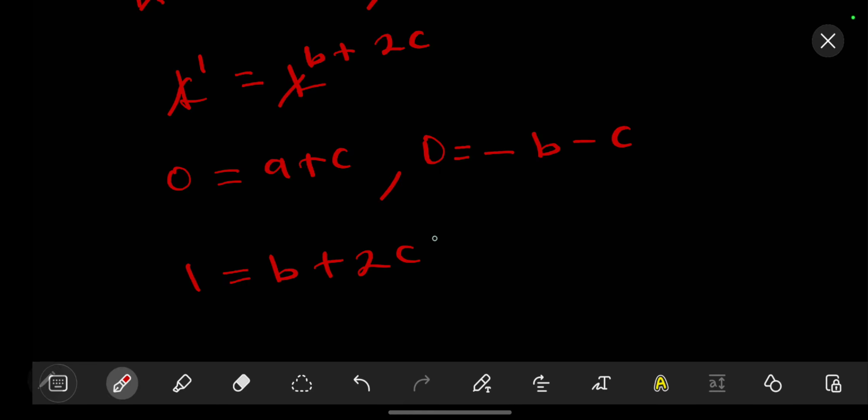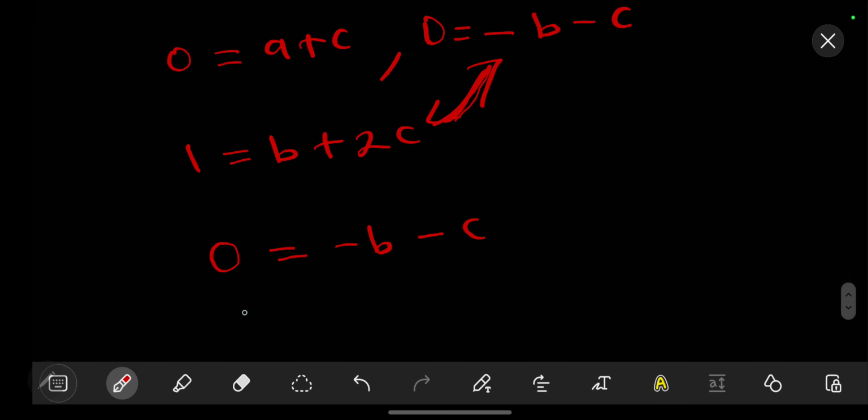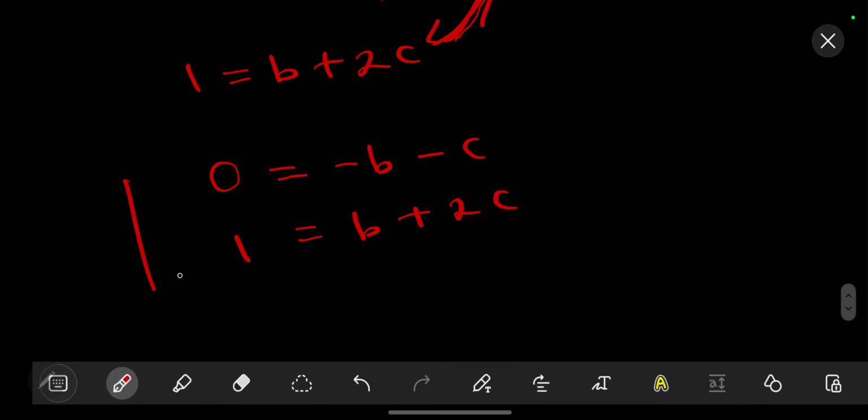So the ones that are similar the most, it's these two equations, since they both have b and c. So we can solve them simultaneously by saying 0 should be equal to negative b minus our c like that. Then we have 1 should be equal to b plus our 2c like that. So already we just add them.